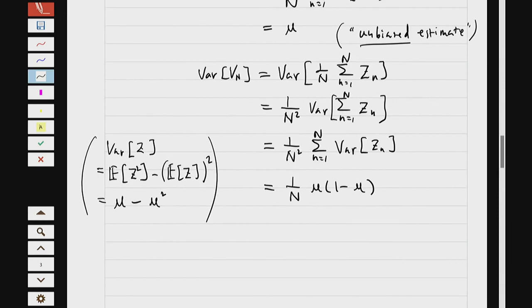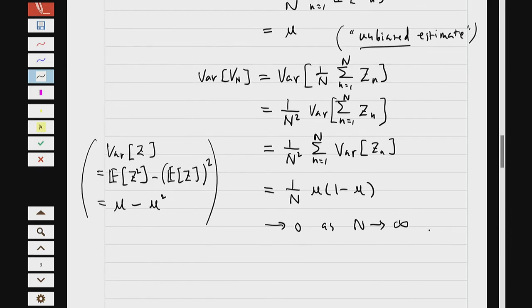Everyone okay so far? So what do we observe for this variance? It decreases as n increases. In fact, it converges to 0 if you have infinitely many samples, as n goes to infinity.